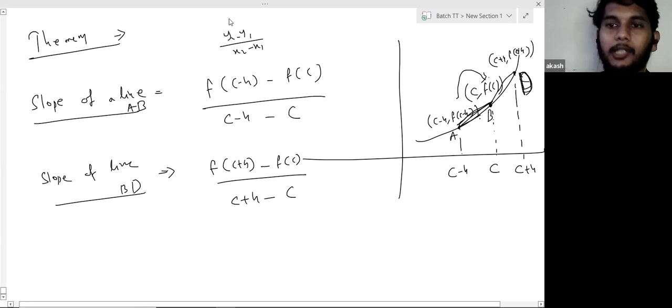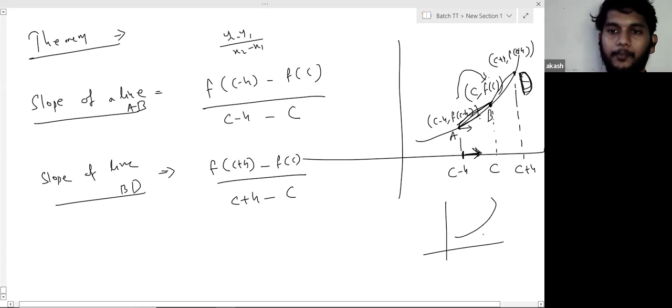All right. Now imagine I shift this A closer to B. This point I am making move to the right side. So what will happen to this line? Suppose A is here, B is here. This is the line. Then A will come to here.